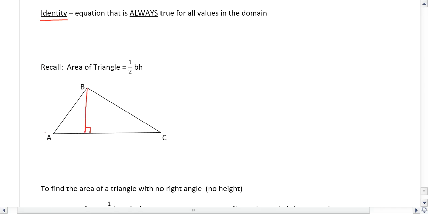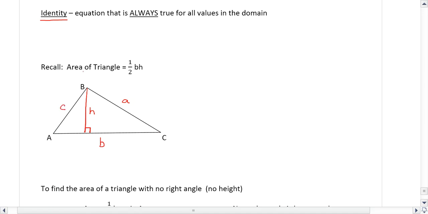First I'm going to draw in an altitude or a height, and we'll label this the letter H. One thing you need to recall from geometry, or learn it now if you have not, we are going to label the angles of a triangle with capital letters, and we're going to label the sides that are across from them with the small letters. So the side that is across from angle A is little a, the side across from angle B is little b, and likewise across from angle C is little c.